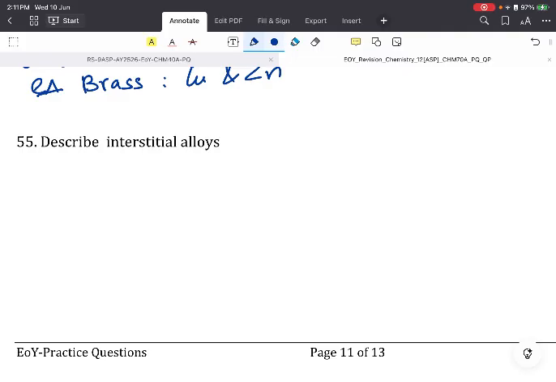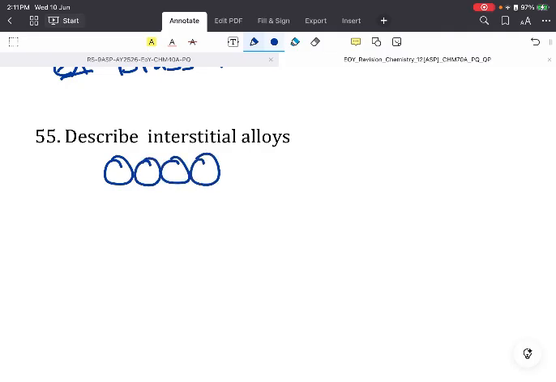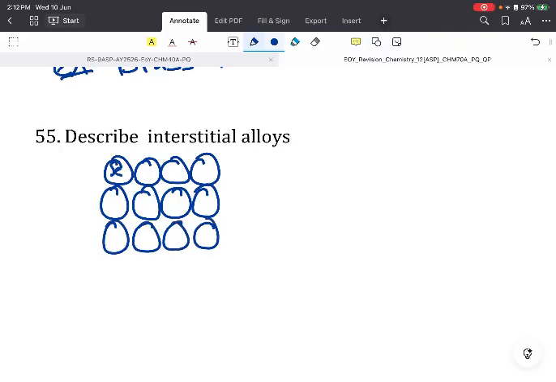In the interstitial alloy, I'm going to take another example. Let's say I have iron. Let me just draw it nicely. I have iron metal atoms together. So now this is a pure metal, iron.